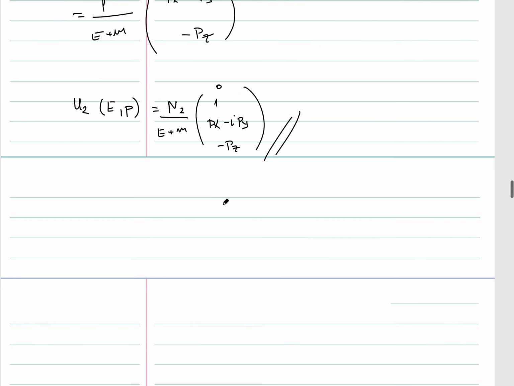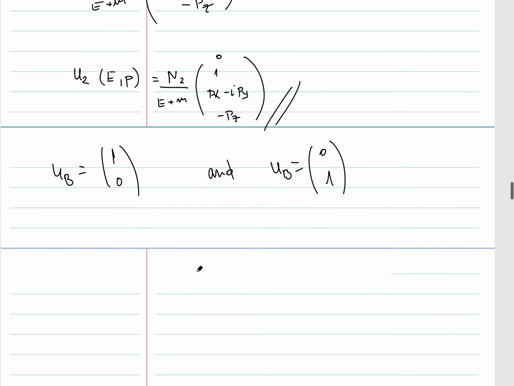So this is the second solution. Now you can choose a basis for UB being (1, 0) and UB being (0, 1). Then you still have two solutions.